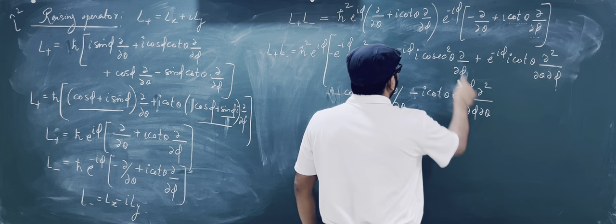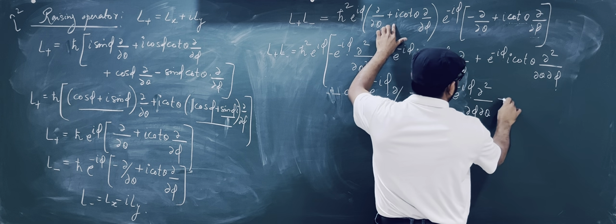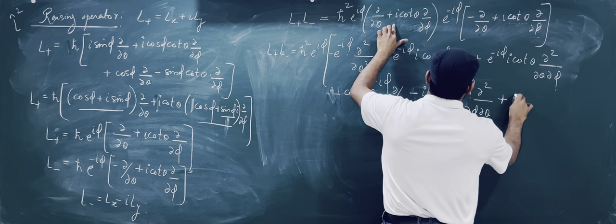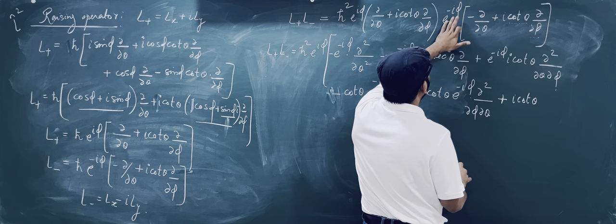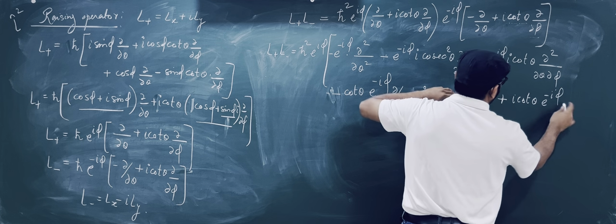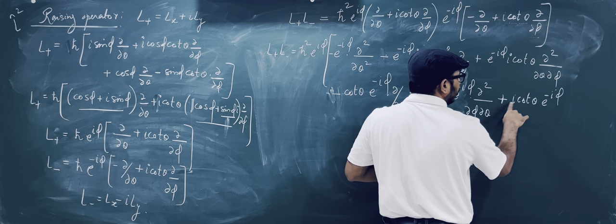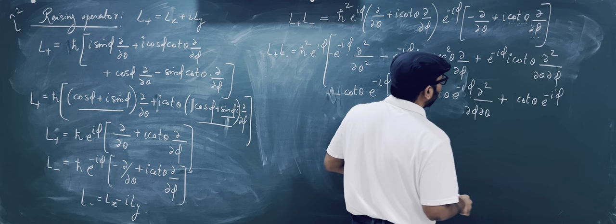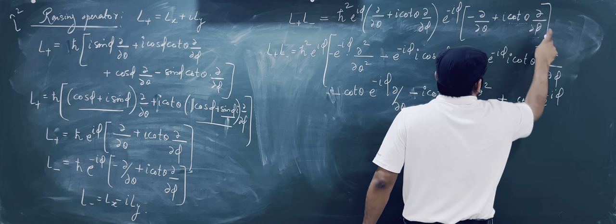So let's start. Let's operate this on this first. So it's plus I cot theta, and when del over del phi goes on e power minus I phi, it will be e power minus I phi. There will be minus I outside. So minus I, so minus I square. This will become plus. So we can remove the I from here, and there is del over del phi here.